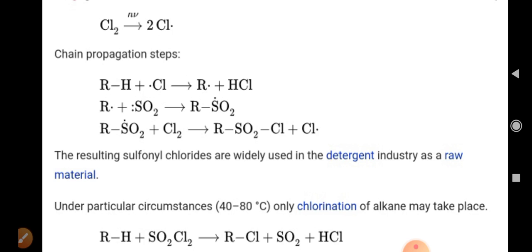This alkyl free radical with SO2, sulfur has a lone pair of electrons. This sulfur with one electron of alkyl group forms a bond between carbon and sulfur, which gives rise to formation of RSO2. This is also a free radical because sulfur carries one electron.